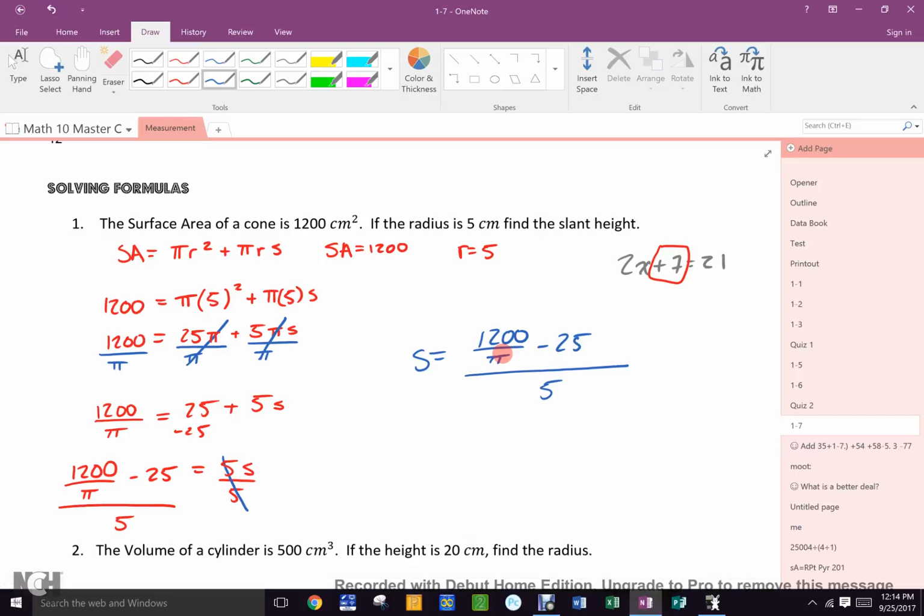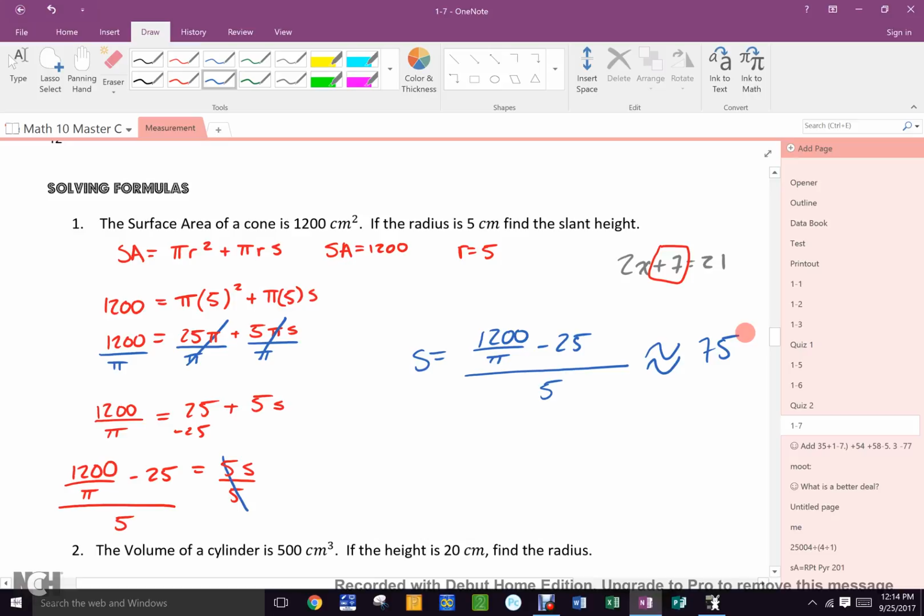It's 3, isn't it? What is 1,200 divided by 3? 400. 400 take away 25 is 375, right? 375 divided by 5, 75, right? So my answer is approximately, that's what that symbol means, 75, without going to my calculator.